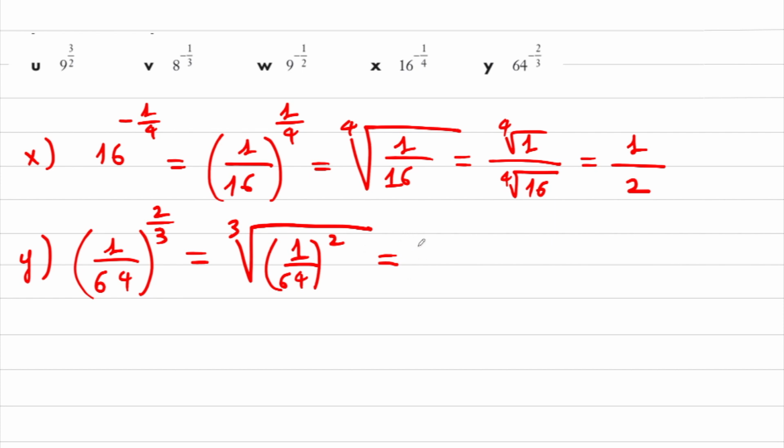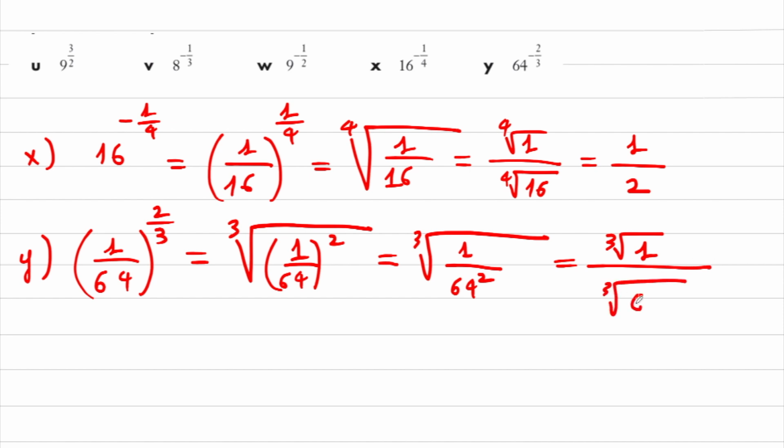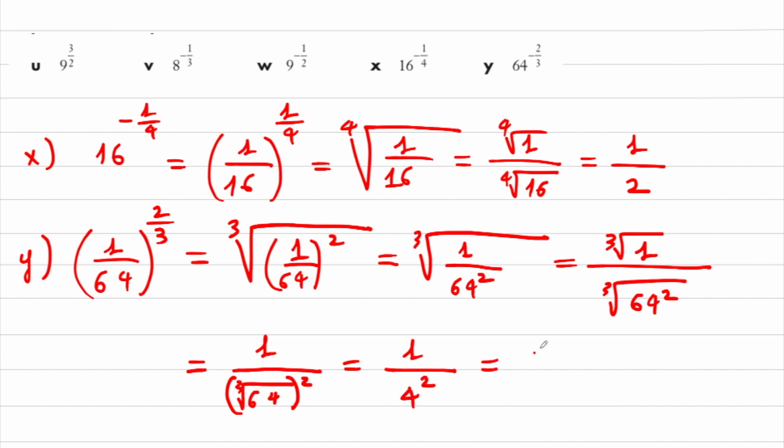For this bracket, I will have 1 on top and 64 squared. Apply the cube root to the numerator and the denominator. The numerator is very easy, it is 1, and the denominator will be the cube root of 64, and then you've got the square outside, and you've got 1 over 4 squared, equal to 1 over 16.